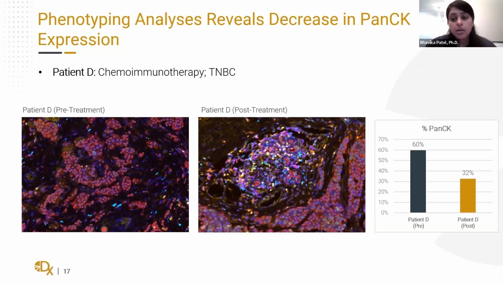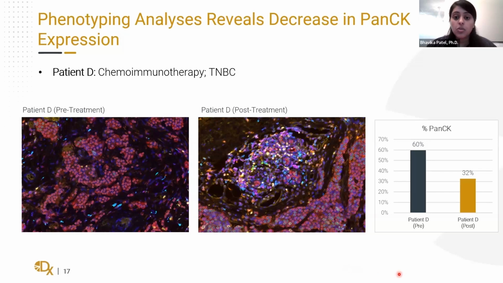Also, what is interesting about patient D is it had almost 50% reduction in pan-CK intensity post-treatment compared to patients A and C, which were HER2-negative tumors. Patient D had triple-negative breast cancer and was treated with immunotherapy. Therefore, we can speculate that this drastic change could be related to the immunotherapy treatment.